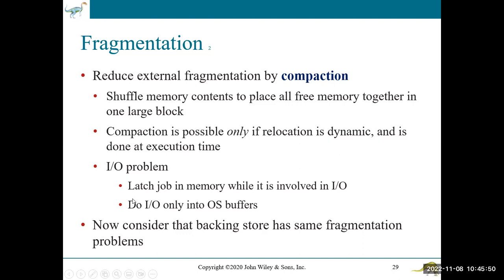So the takeaway from the slides we've been seeing is that there may be strategies to better utilize memory, but each one has its own trade-offs. When we talk about the backing store, we're talking about virtual memory, right? So you have disk fragmentation with a backing store.